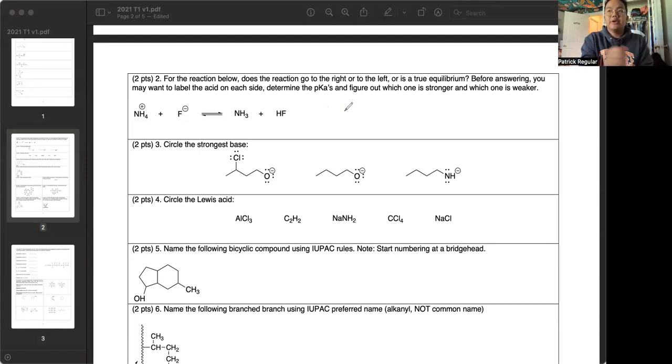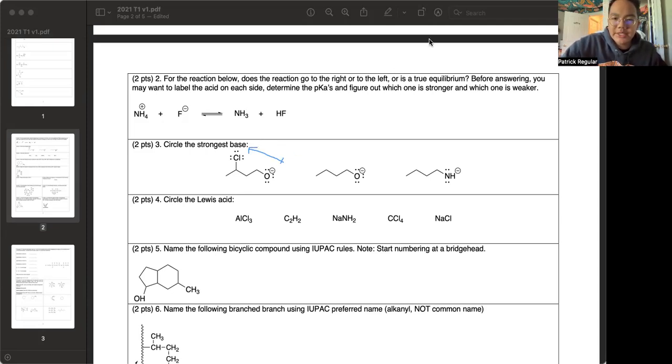And the weakest acid would be the most activated system. Because, for example, I will say this right here, chlorine. Oh wait, no, it'd be the other way around. Yeah, this is the positive end. Chlorine is pulling electron density towards itself.